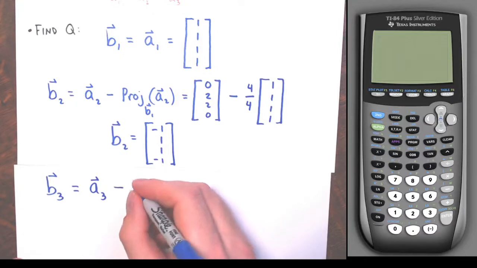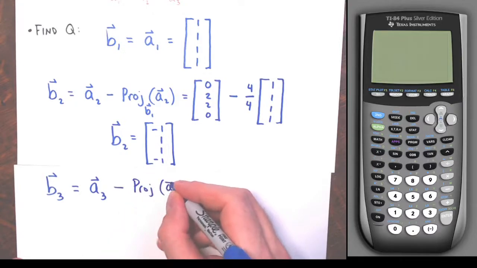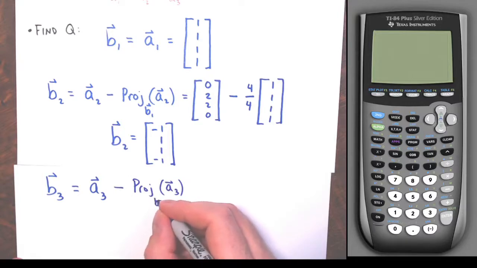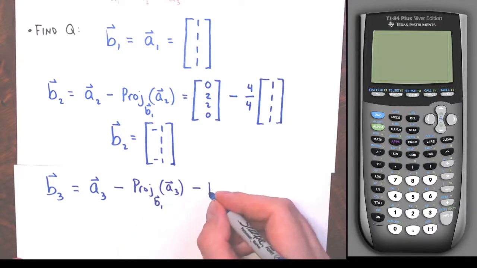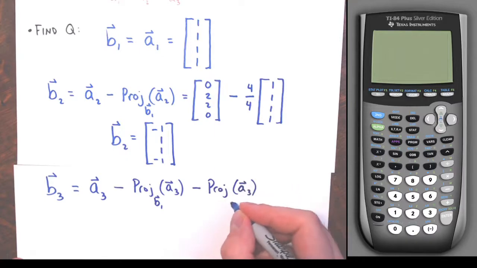So minus the projection of A3 onto B1, and also minus the projection of A3 onto B2.